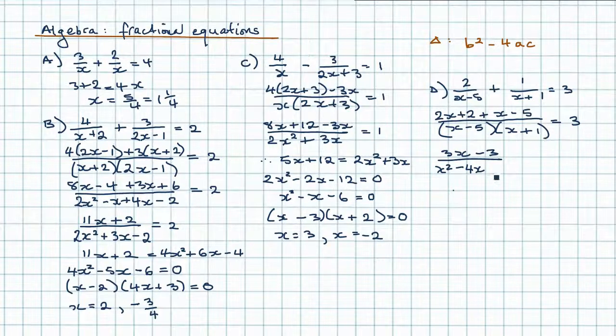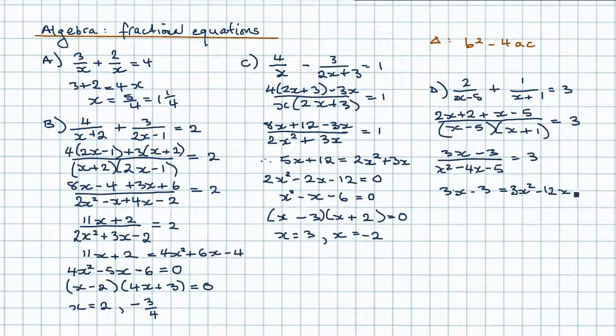So there we are. That's joined them together, but what I need to do is rationalize the denominator. So it's simplified, but we now need to multiply out. So we've got 3x minus 3 is equal to, now I can just again multiply out without doing the brackets, so skipping that step, so just 3x squared minus 3 times negative 4 minus 12x, and then 3 times minus 5 minus 15.